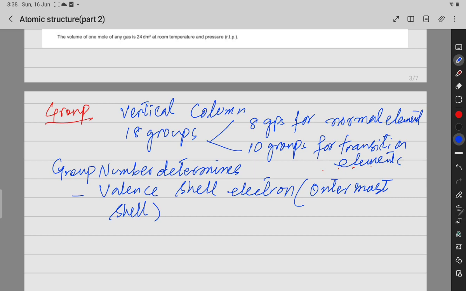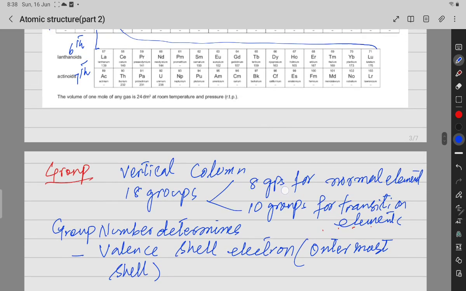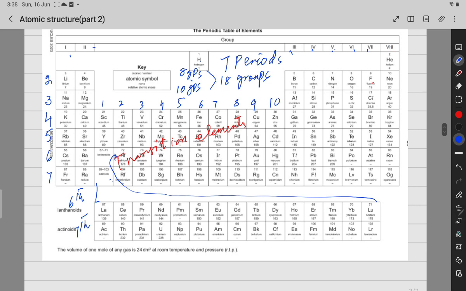We know that there are 7 periods. In the first period there is 1 shell, in the second period there are 2 shells in which electrons are arranged, in the third period there are 3 shells, in the fourth period there are 4 shells, and so on.